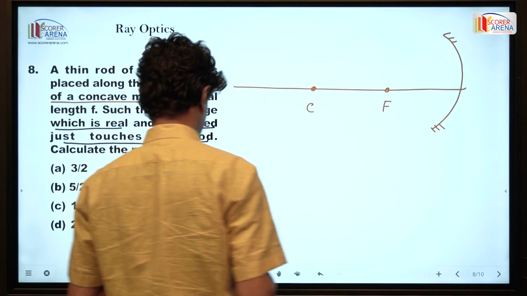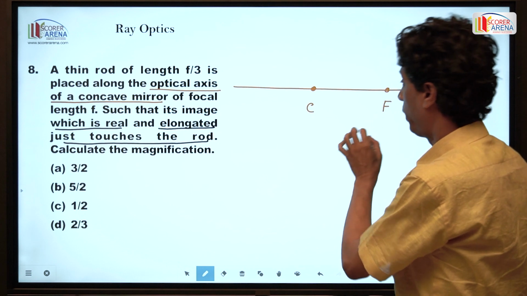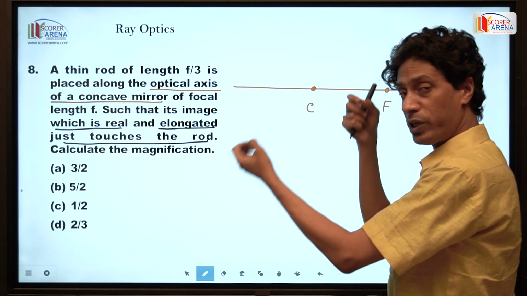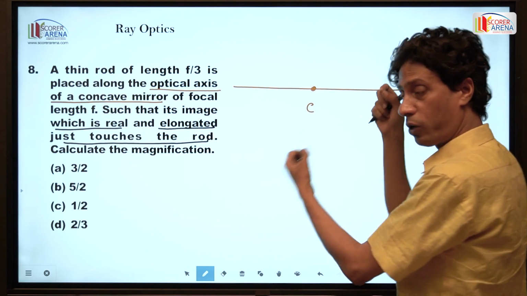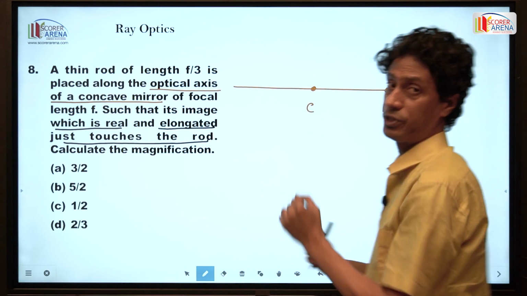We know in the case of converging mirror, that is concave mirror, object and image coincide at a point, the center of curvature.